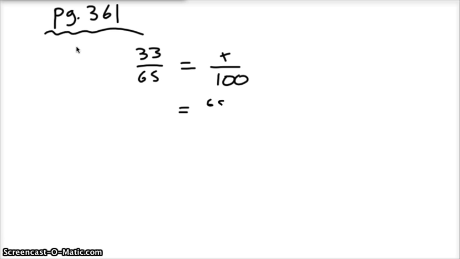So that would be like 65 over 100 equaling 33 over x. But today we're actually going to learn a new equation that skips writing out all these different proportions. It's going to make it much more simple, and you're going to need a calculator. So make sure that is close by.